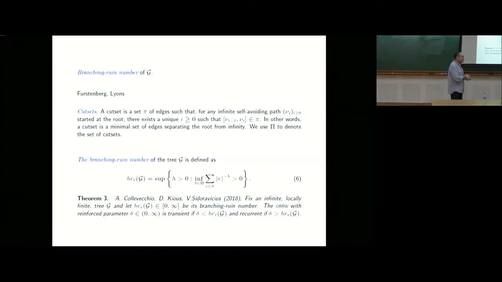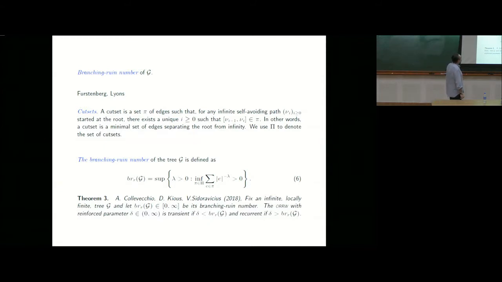Okay? And it essentially measures what happens on average around each point. This notion is particularly powerful when you study polynomially growing trees, because for exponentially growing trees, I will go to the definition, this notion is kind of not as useful.